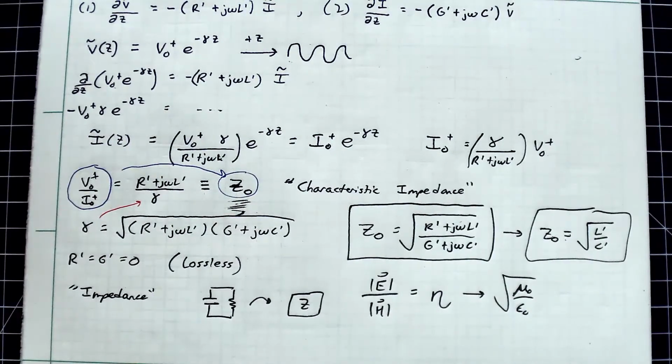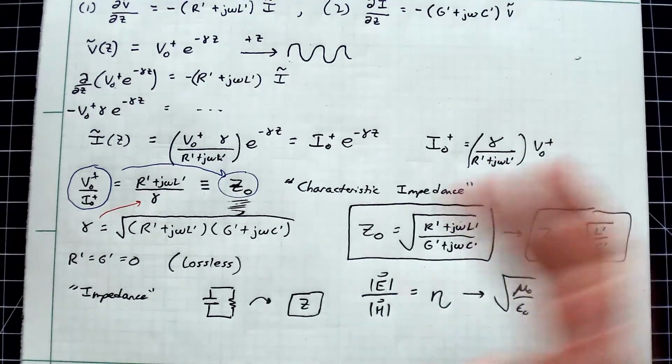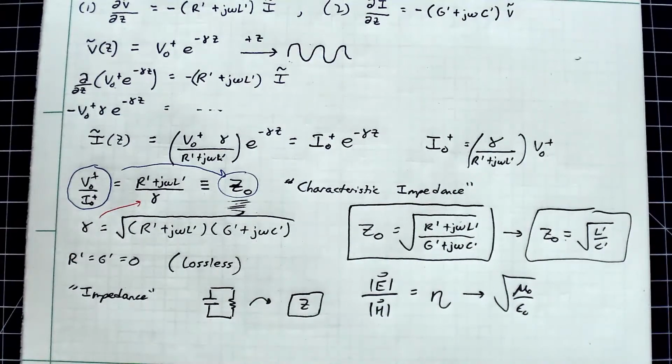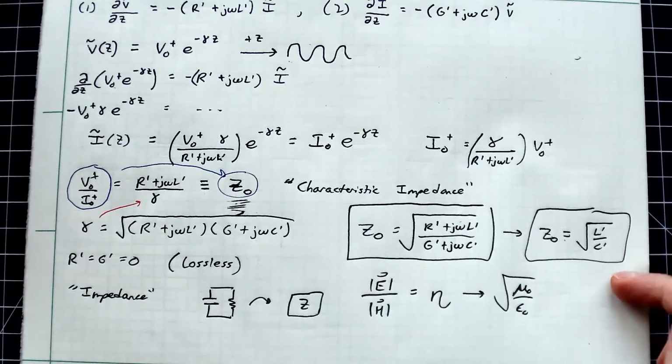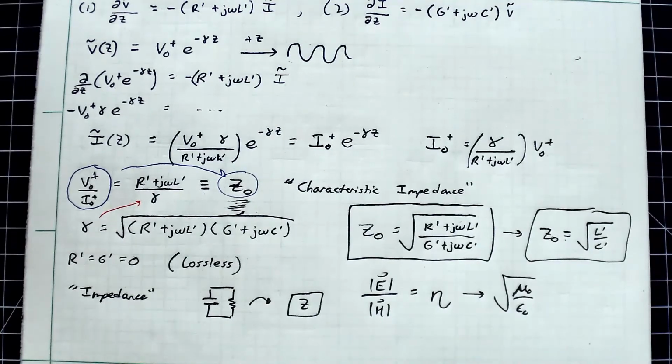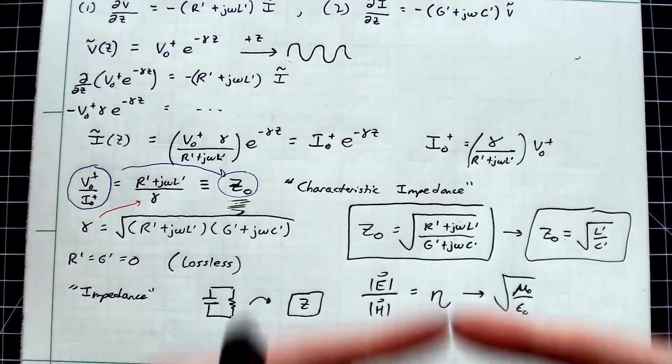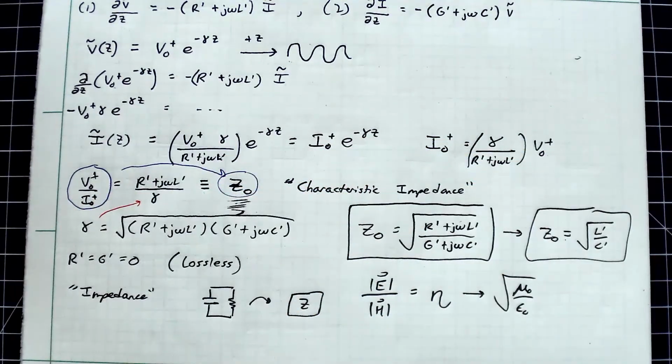So just think about that in a more broad philosophical sense, that this idea of impedance means a lot more than that lumped circuit model here. And the characteristic impedance of a transmission line is really going to tell us a whole lot about how these lines behave, especially when you have transmission lines encountering lumped loads or transmission lines connecting to each other with different impedances and so on.